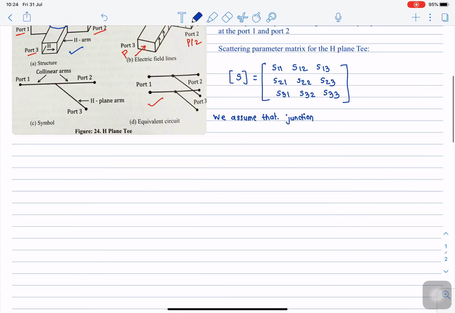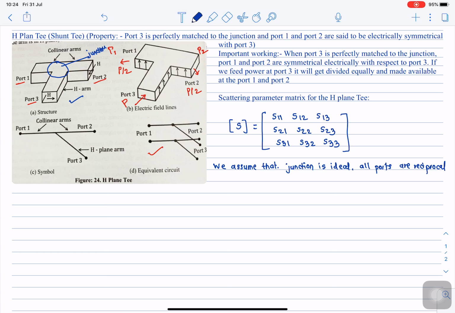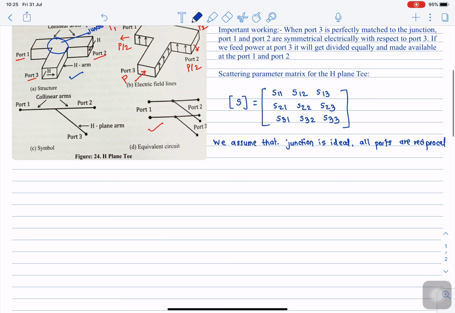Okay, and all ports are reciprocal. We already know what we mean by the property of reciprocity. Okay, we assume that ports are reciprocal, and we already know that the H plane T is going to follow the property of electrical symmetry. Therefore, we can write that ports are symmetrical, right?